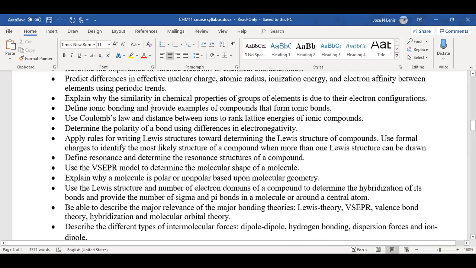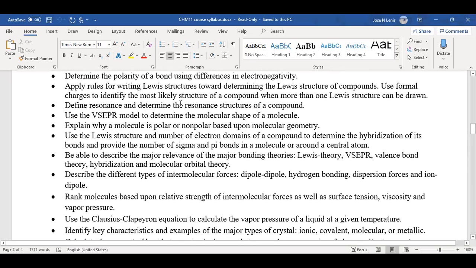Also, after that, we'll do the periodic table, properties of elements, how to read the periodic table and how to get that information from there.